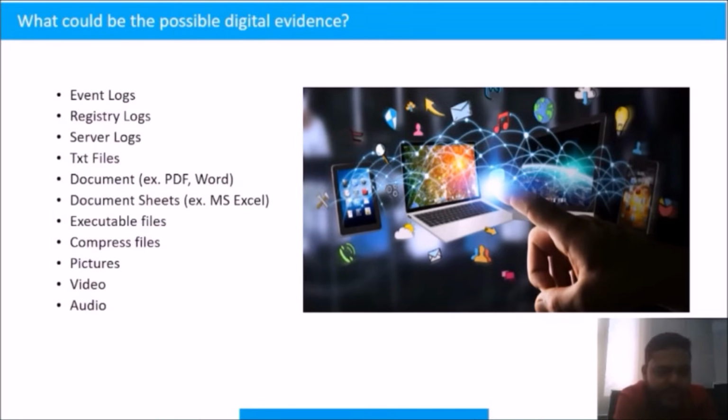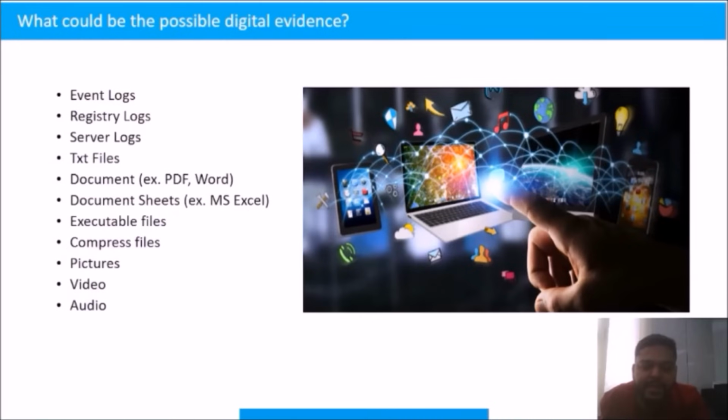So we can retrieve that from the registry log. Server log, everybody knows, is maintained by the server, so we can retrieve the server logs and analyze them. Next is a text file, which is raw format text only.